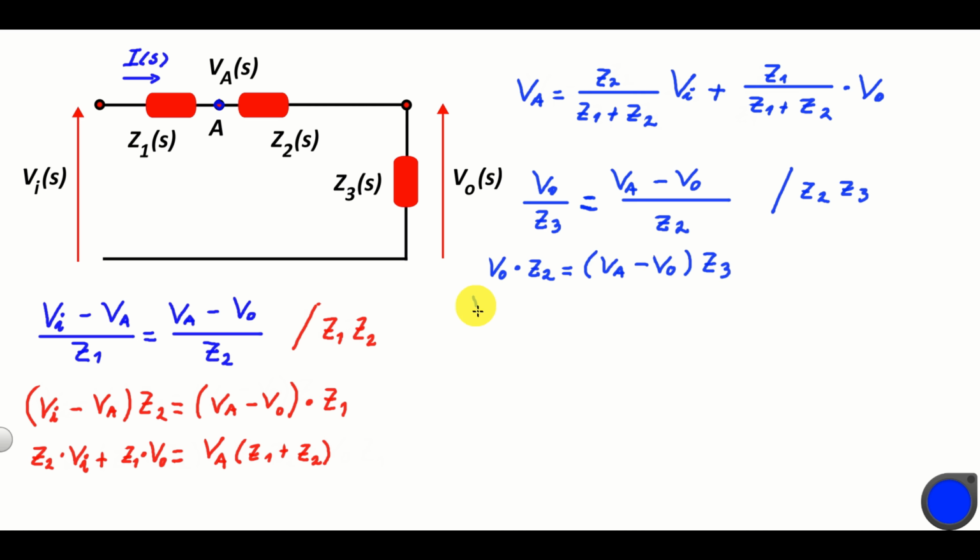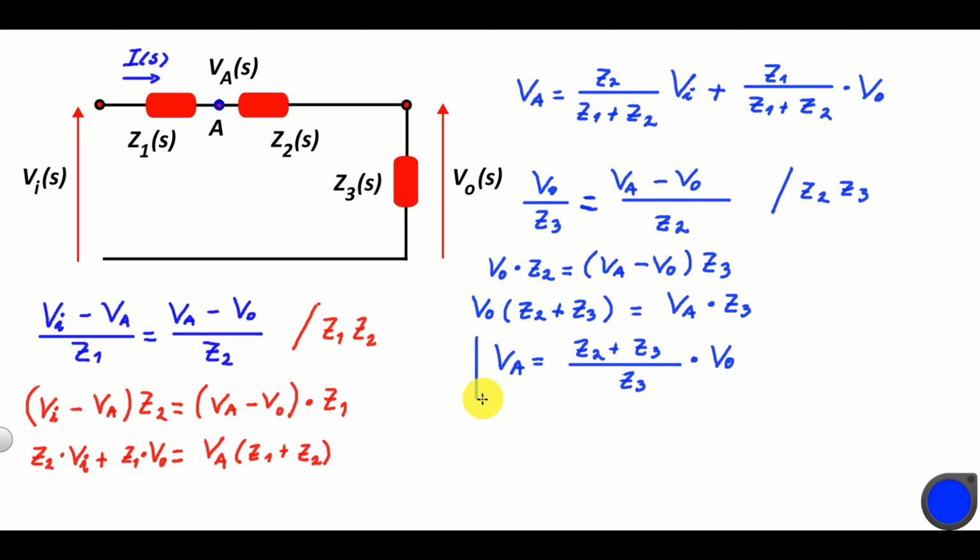On the left-hand side, we will have VO multiplying Z2 plus Z3, and on the right-hand side, we will simply have VA multiplying Z3. From this equation, we obtain that VA is Z2 plus Z3 over Z3, and this multiplies VO. And that's it.